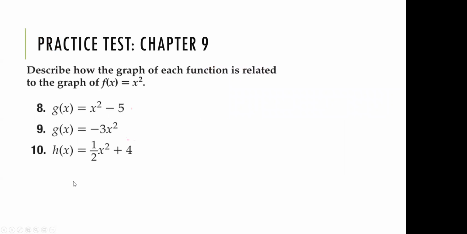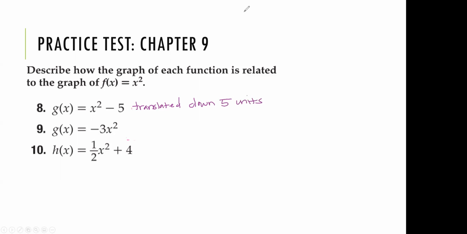All right, so you're gonna have some questions where it asks you to describe how the graph of each function is related to the graph of f of x equals x squared. So that's your parent function, okay? So if we take our parent function and we subtract 5, then it is translated down 5 units, okay?